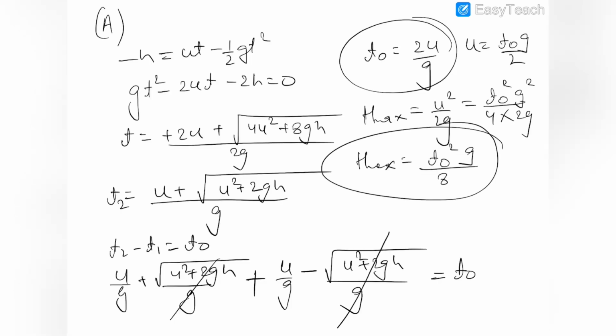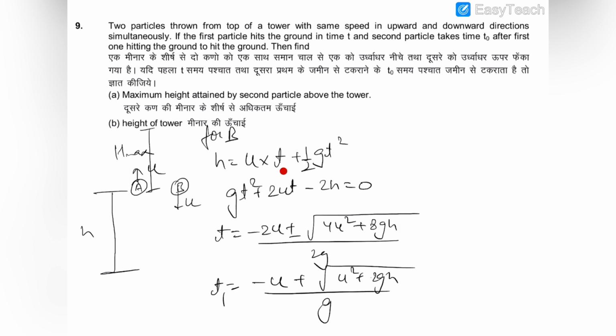The original time for B was t, and t is equal to minus u plus under root u square plus 2gh, by g.